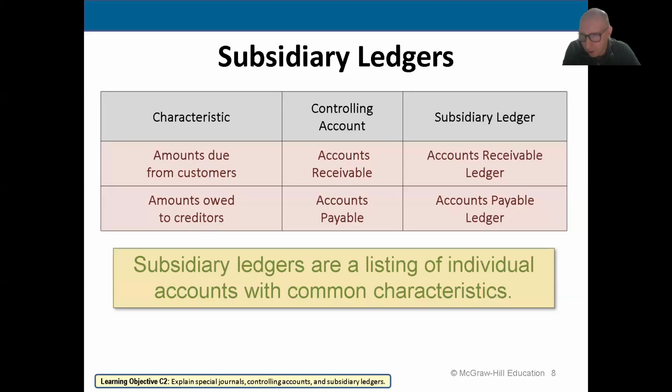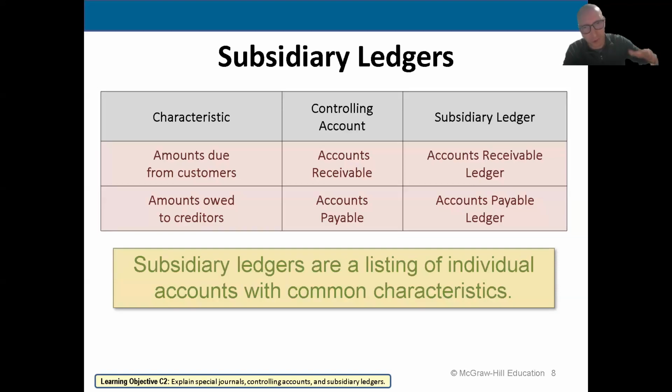Accounts receivable, as you know, represents the cash that is owed to the business. I made sales to my customers on account. My customers told me they're going to pay me later. I created an account receivable for my customers.